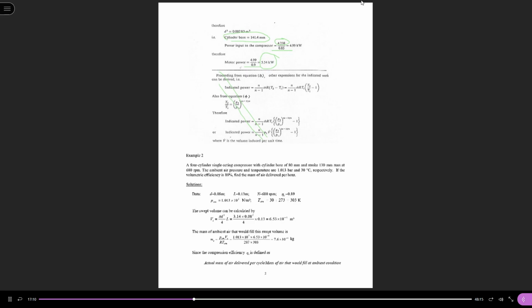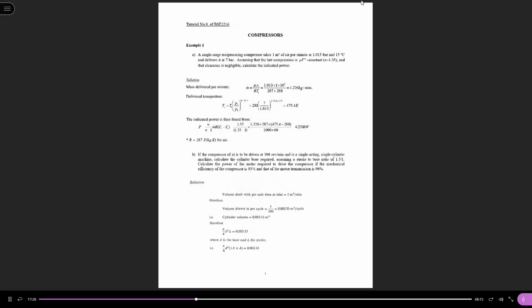Okay, so this is for the design of the cylinder. I will leave you 5 minutes to see if you have any question on the example. For this one, you have to understand the working principle of the reciprocating compressor, the cylinder, and also the geometry of the cylinder operation.